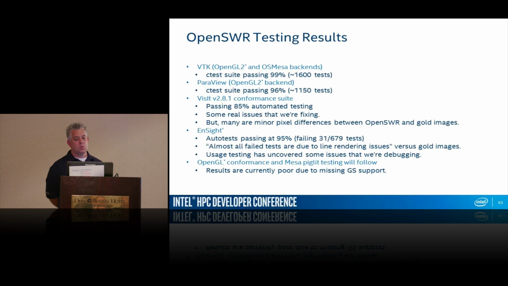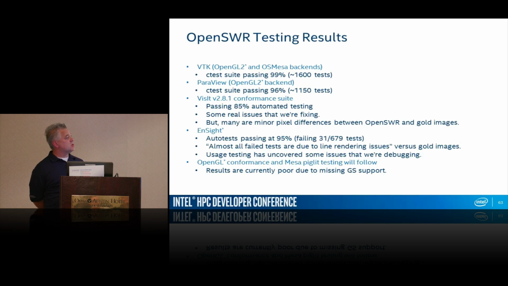VisIt 281, we're actually passing their automated tests at about 85%. And we're working through a few bugs that we certainly don't see any reason we can't pass 100%. There are a few rasterization issues, as you would expect. So we may have a few pixel differences here and there, but we're resolving whether those are really issues or just gold image differences.